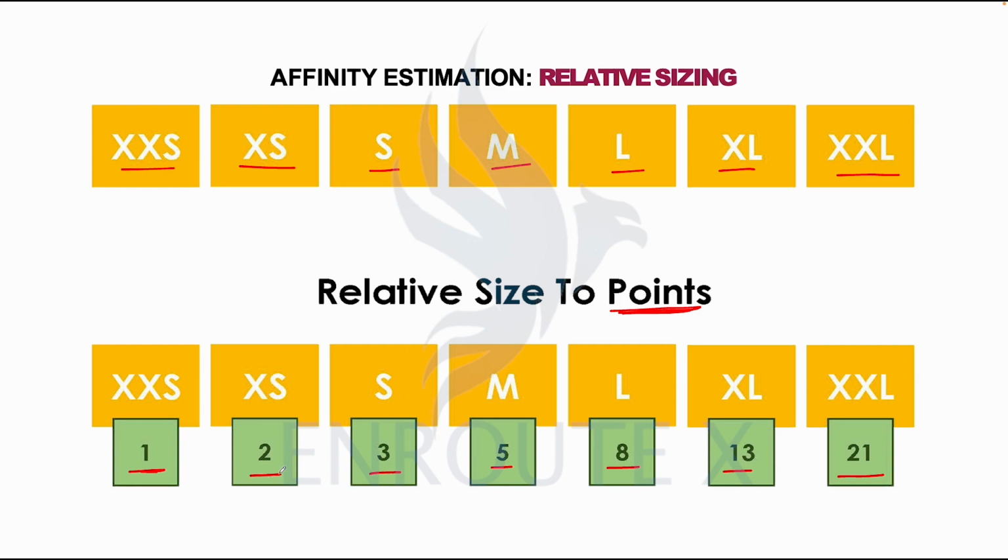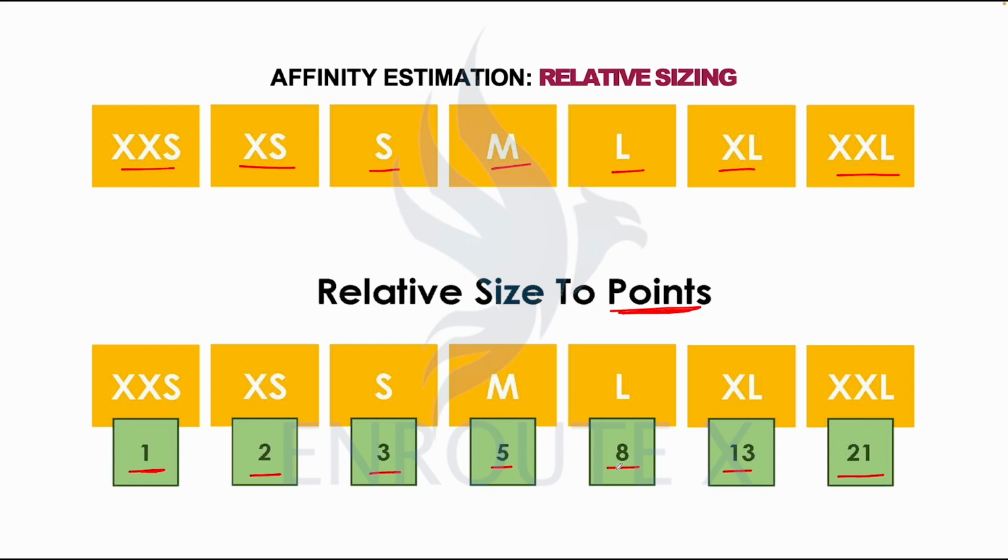But all you need to know is that in the Fibonacci sequence, the addition of the last two numbers makes up the next number. 1 plus 2 makes 3. 2 plus 3 makes 5. 3 plus 5 makes 8.